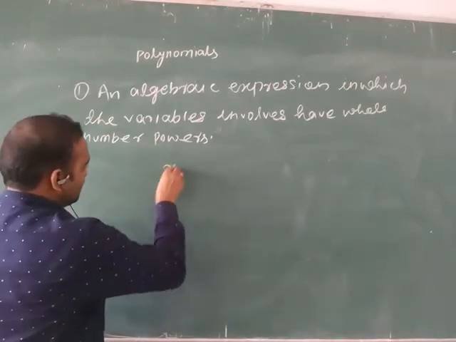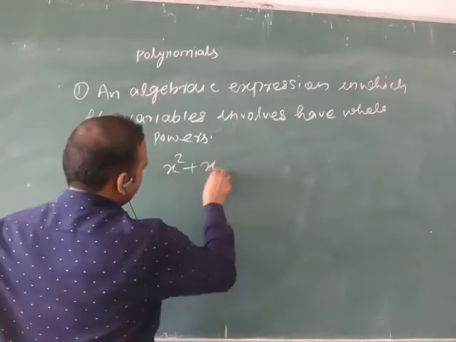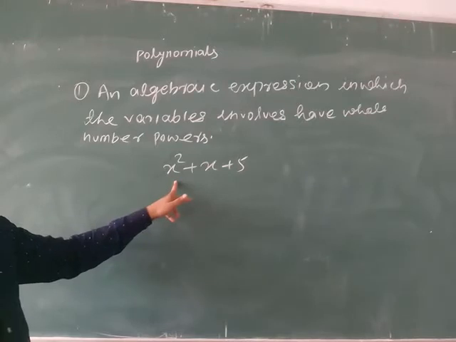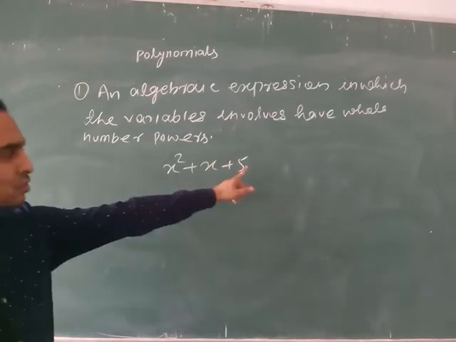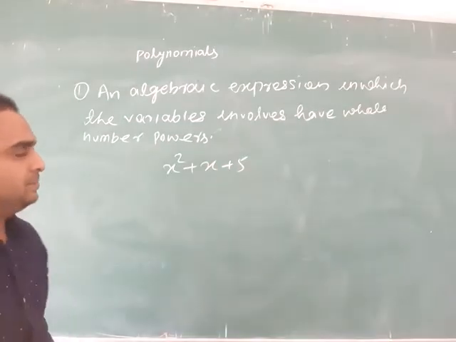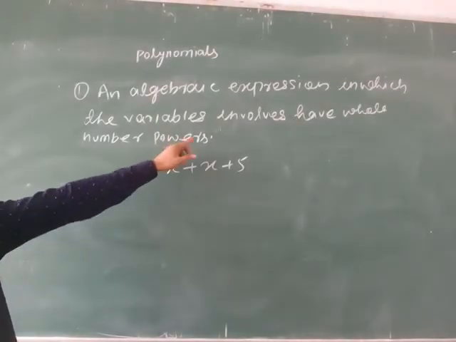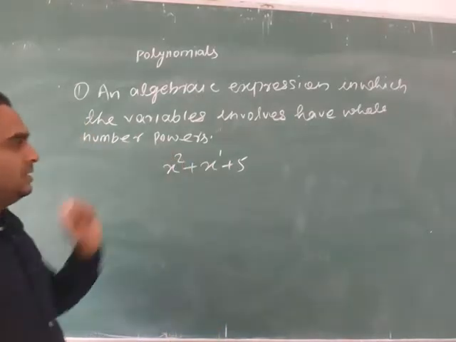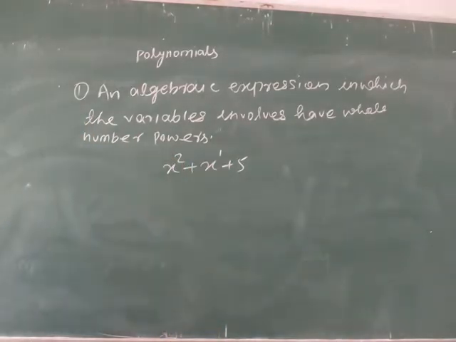As we have examples, x square plus x plus 5. It is an algebraic expression in which the variable is x and the constant is 5, and the power is 1 and here is 2.